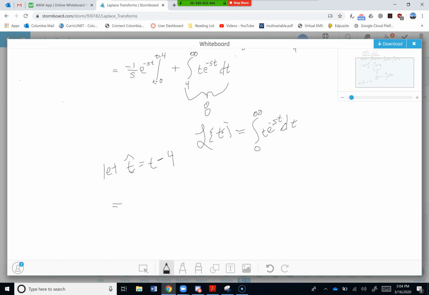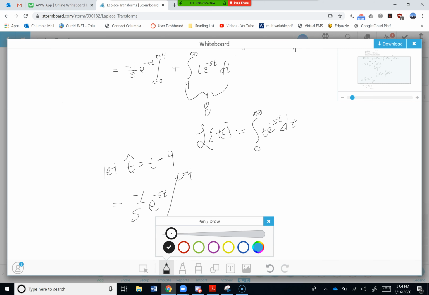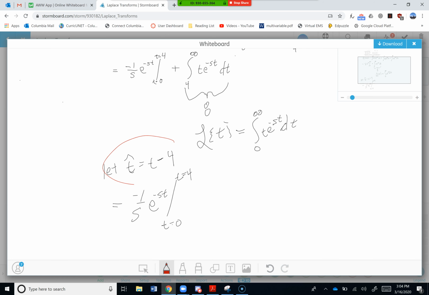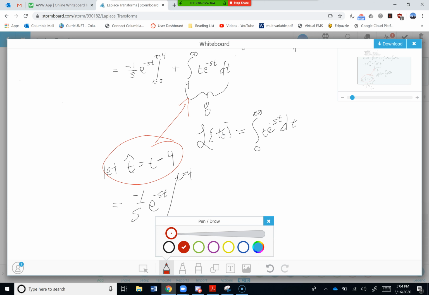So I still have my minus 1 over s e to the minus st evaluated from t is 0 to t is 4. I just haven't adjusted that piece at all. It should be noted, this substitution only applies to this integral.